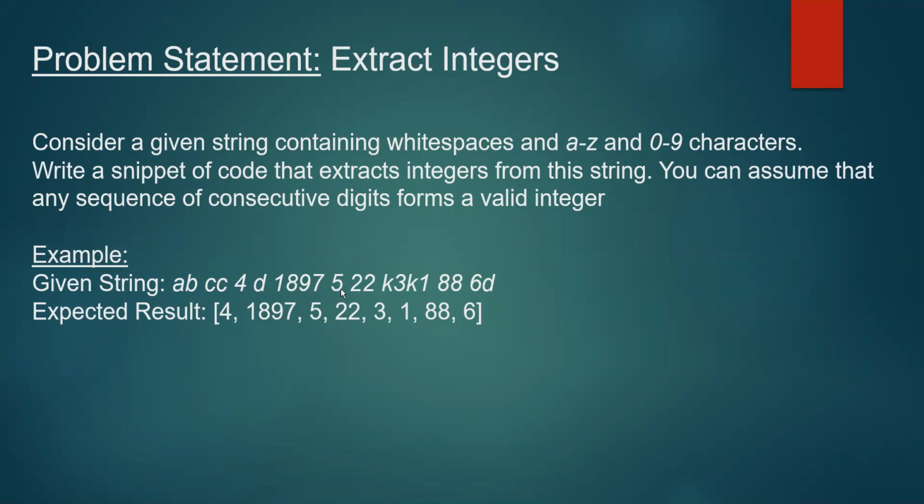So 5 is another separate integer. Then white space 22. 22 is another integer. Then comes the non-digit character k, 3. So 3 is an integer. K, again we will ignore k, so we need to extract 1. 1 is another integer, and so on, right? So we need to extract only integers from this whole string. That is what the problem is about.